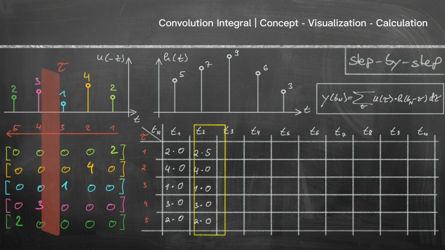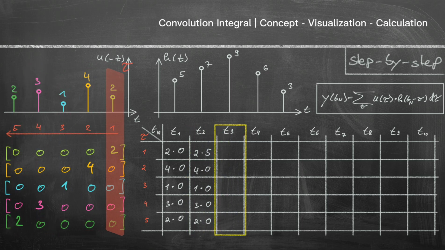Then we go ahead to the third column and again fill each row with the corresponding u of tau. I hope you already recognize the pattern. In the first row, we multiply by h of t minus tau, with t the third time step, minus tau, which is 1.